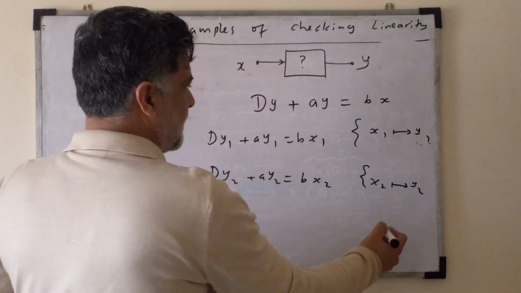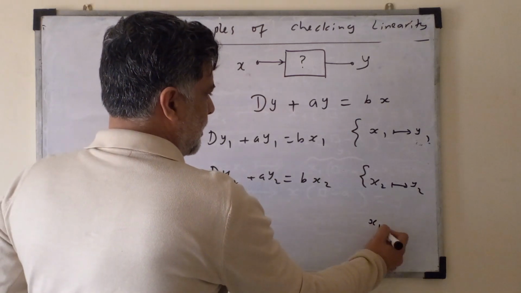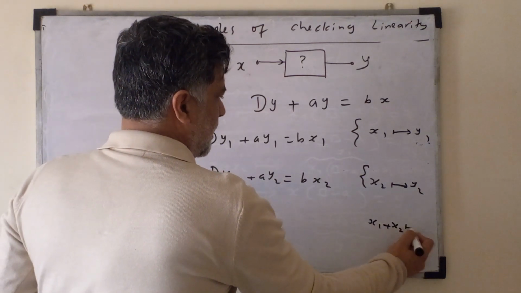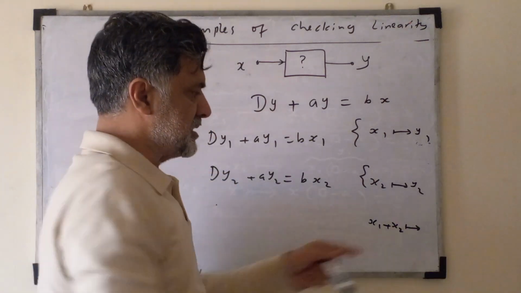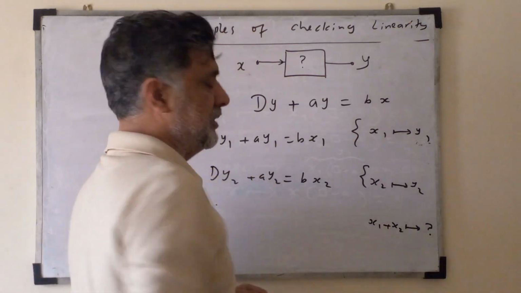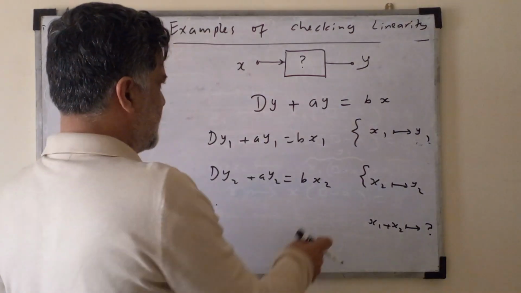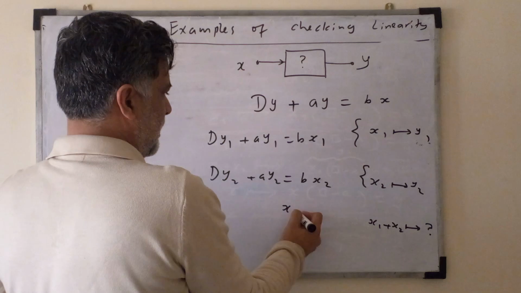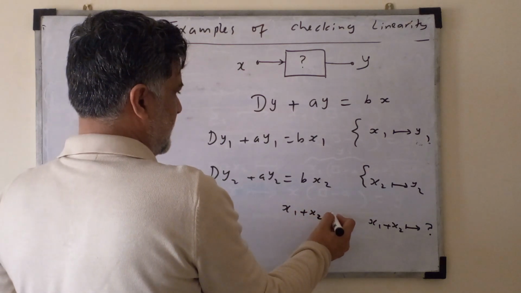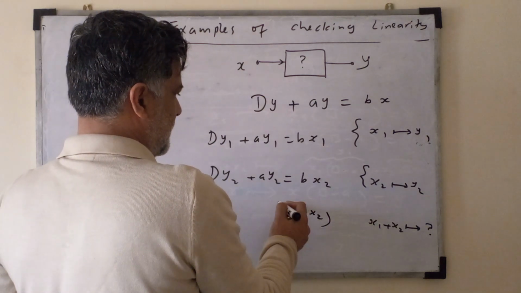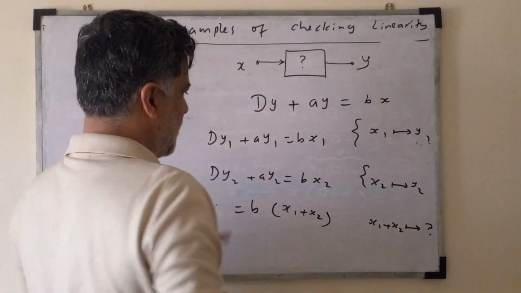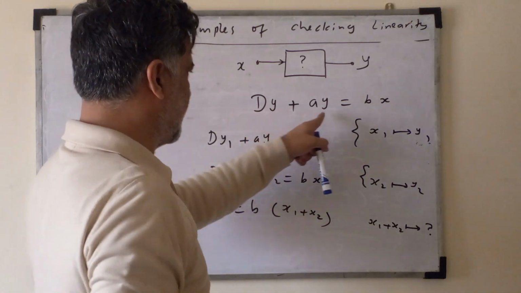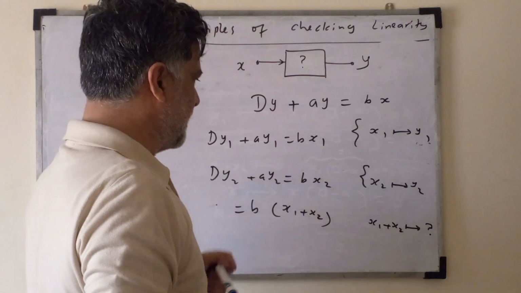Now I need to check how this sum is mapped. So instead of x, I need to apply x1 plus x2, that is b times x1 plus x2. But I cannot say y1 plus y2 because I don't have any proof.